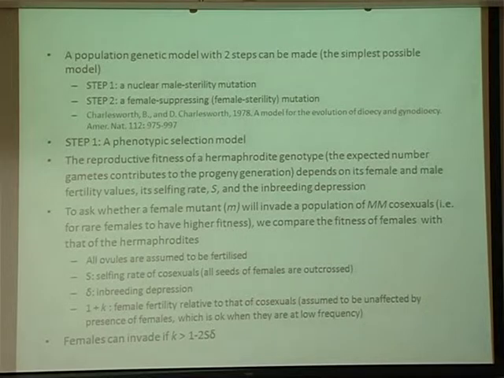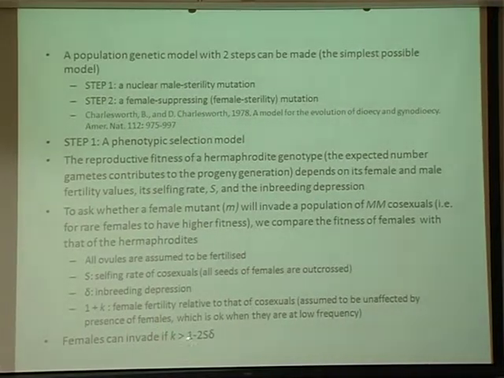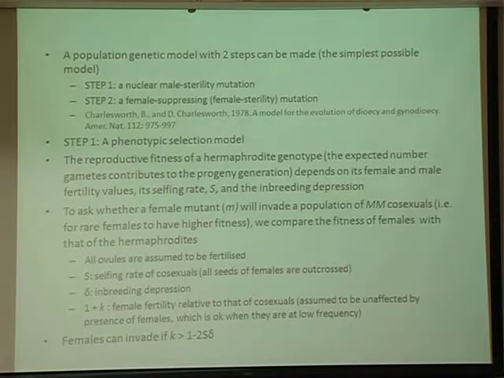And when you do this, it turns out that you get this very simple equation, not as simple as in the cytoplasmic case. The increase in female fertility that females have relative to the cosexuals has to exceed this amount.